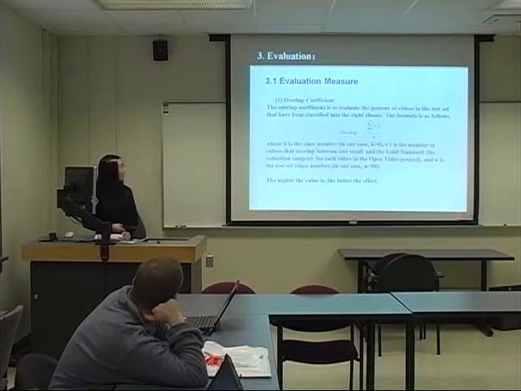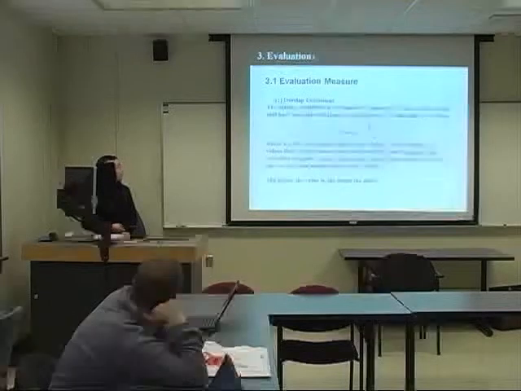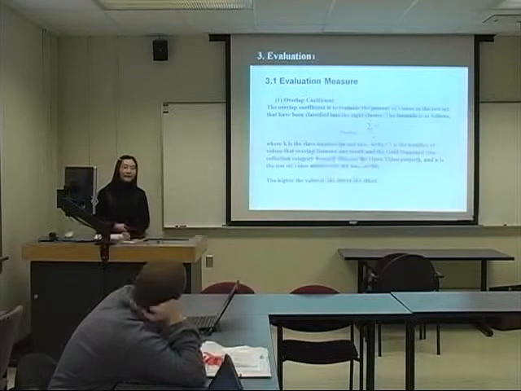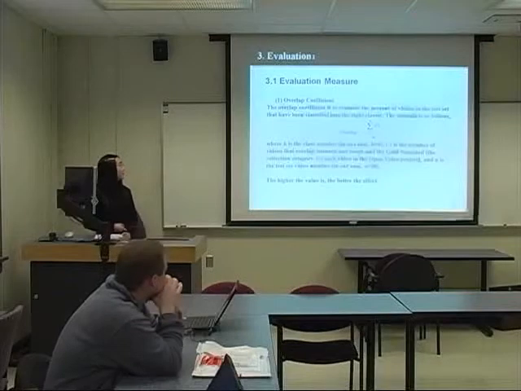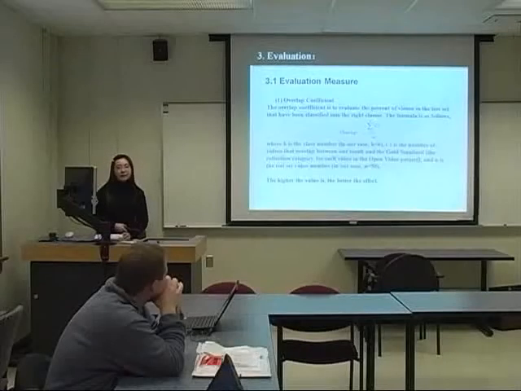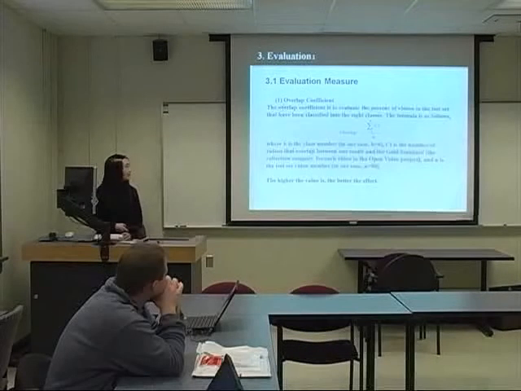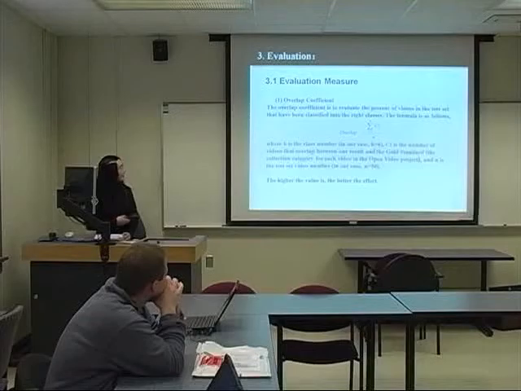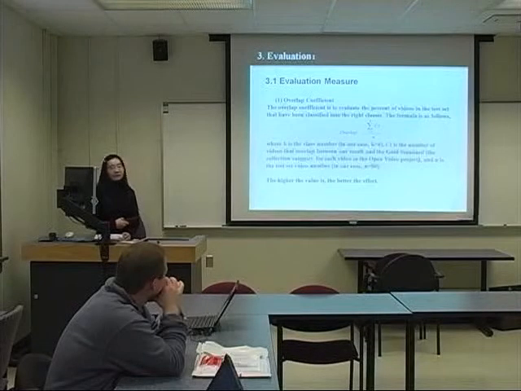We used two measures to evaluate the classification effect. One is the overlap coefficient. It's used to evaluate the percent of videos that have been classified into the right classes. Here is the formula. The higher the value is, the better the effect.